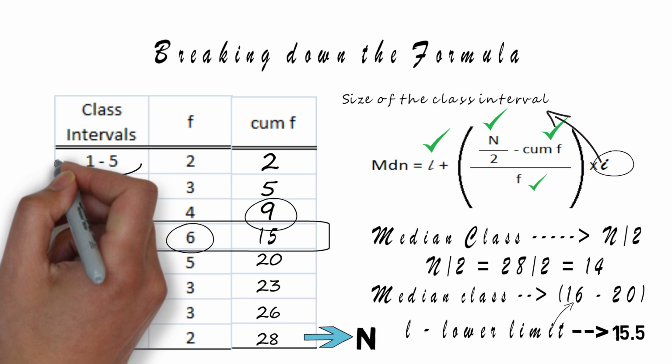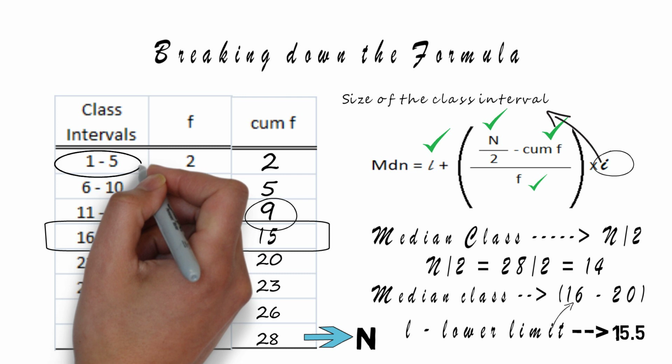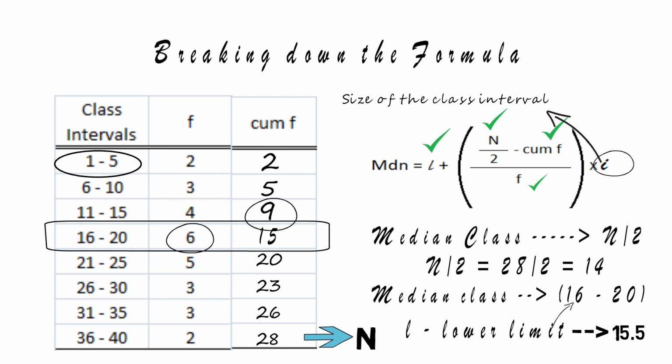It begins with score 1 and ends with 5, thus including the 5 scores 1, 2, 3, 4 and 5. We can get the size simply by counting it off. 1, 2, 3, 4, 5. So 5 is the class interval size.